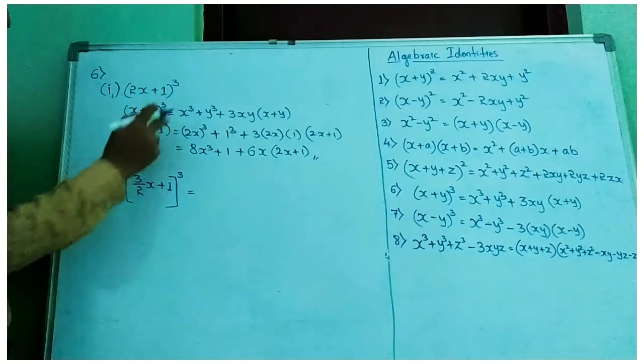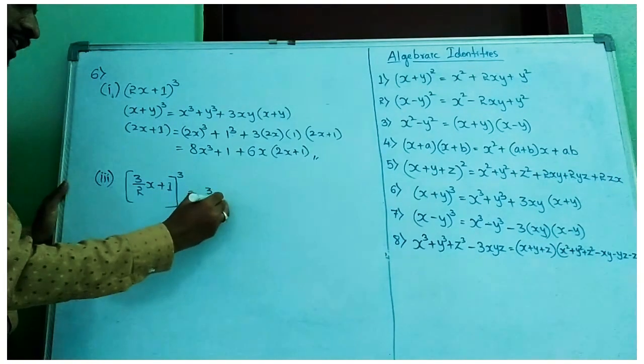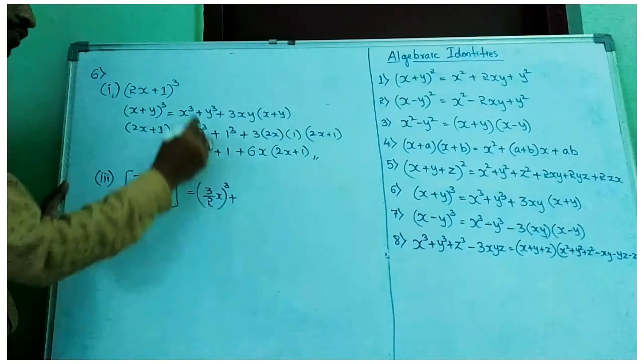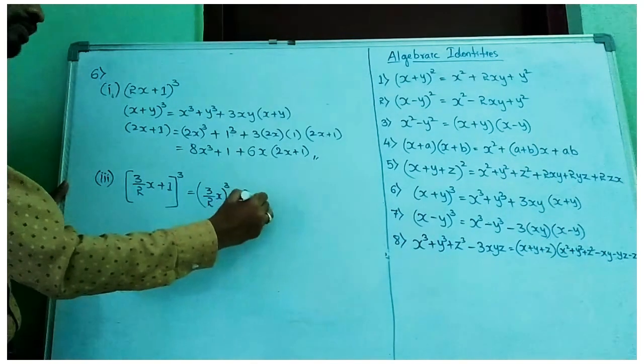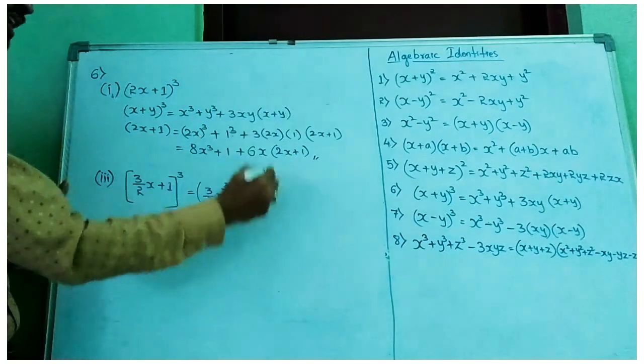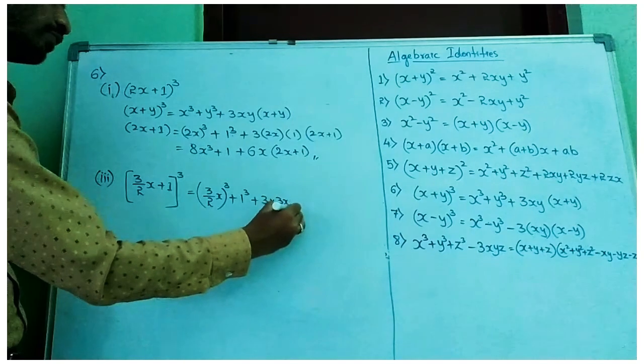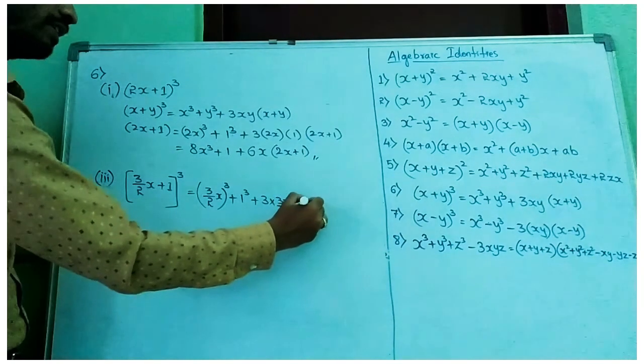So first is x cube. What you have to do? (3/2 x)³ + 1³ + 3xy(x + y): 3 into x is 3x by 2, y is 1.